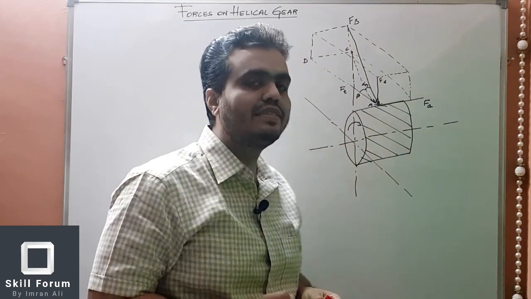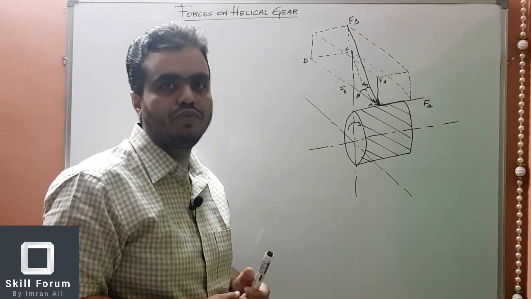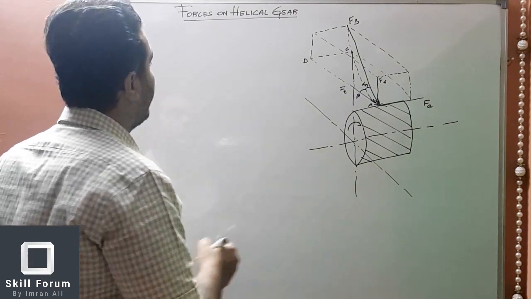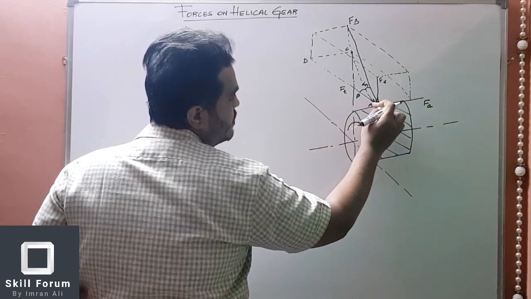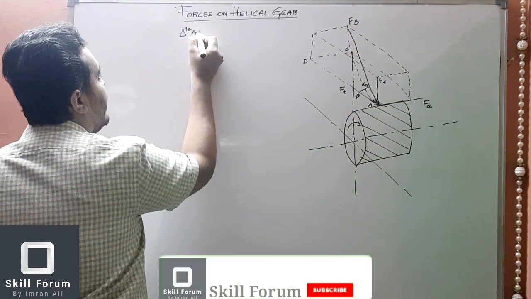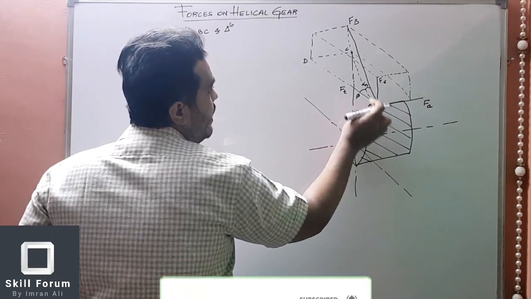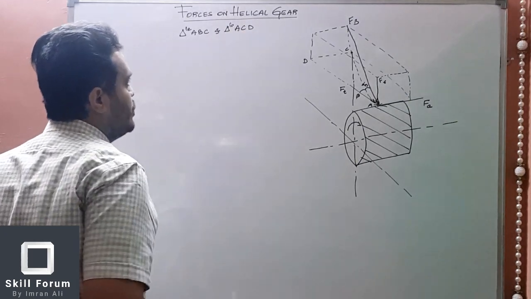With respect to these triangles we are going to determine the equations of the reaction force and forces. One is triangle ABC, and the other is triangle ACD. Just observe here.